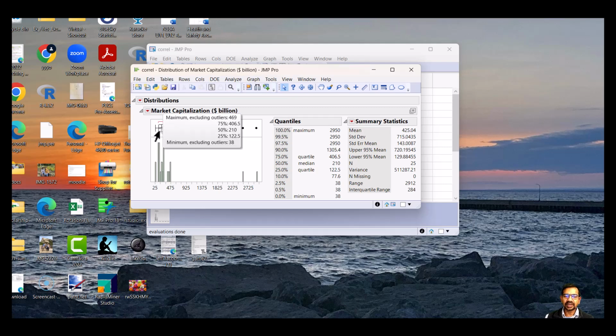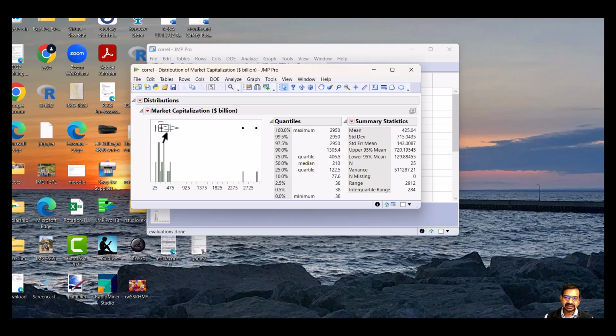So the boxes are essentially the values of the first and the third quartile. The lower end of the box is our 25th percentile, which is 122.5. And if I hover our mouse here, we can see that being called out as well. And then the top end of the box is the third quartile, which is the 75th percentile.